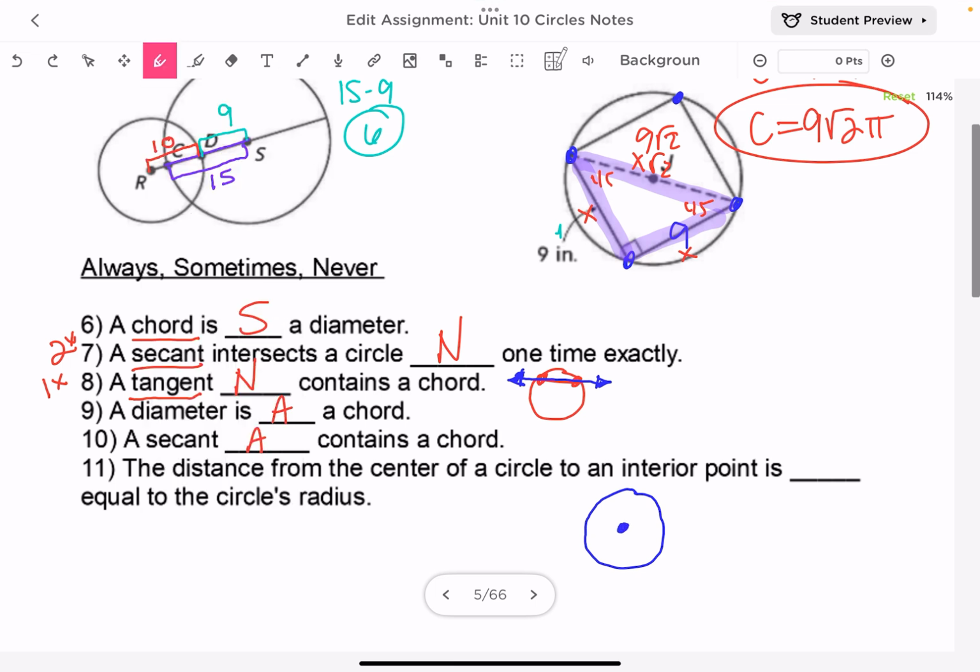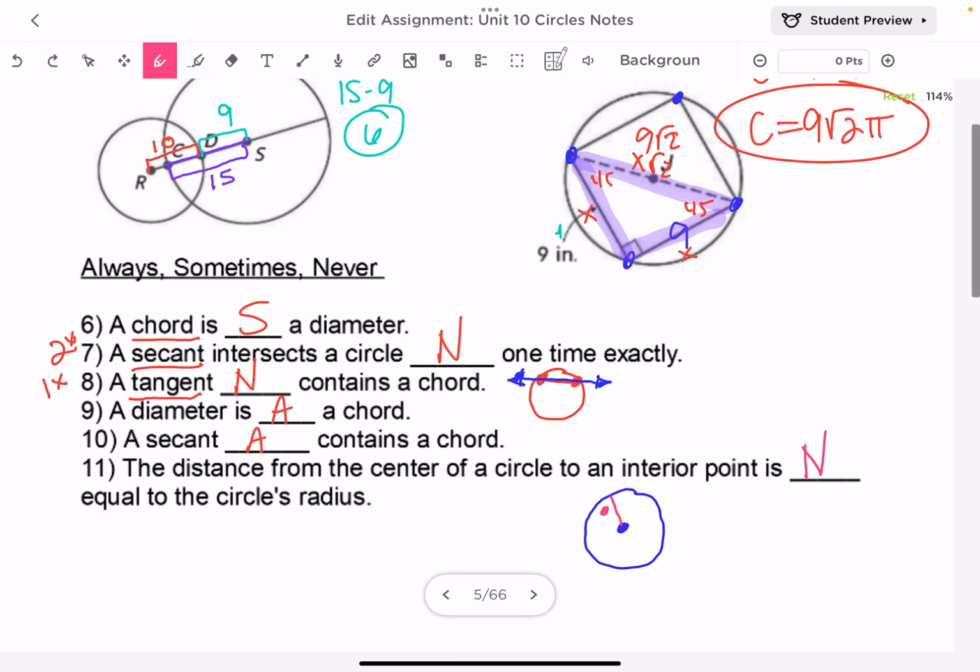So the distance from there to an interior point, okay, so that is just a point somewhere on the inside of the circle, is blank equal to the circle's radius. Okay, so a radius goes all the way to the end. So if that's in the interior, then the distance from the center of a circle to an interior point would never be equal to the circle's radius.